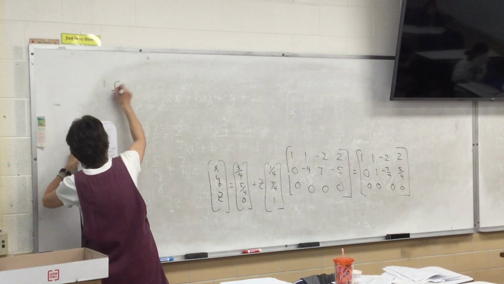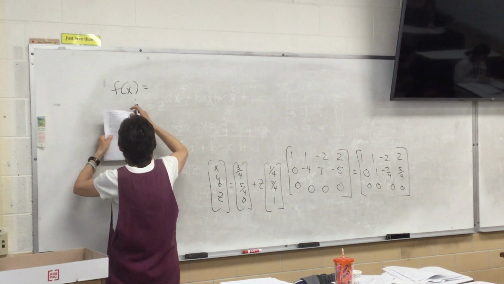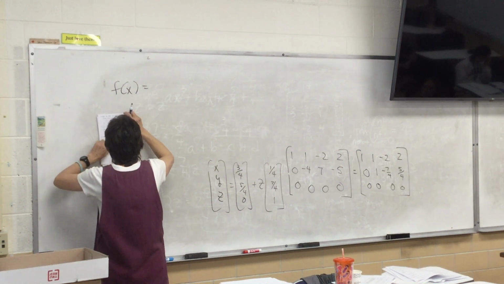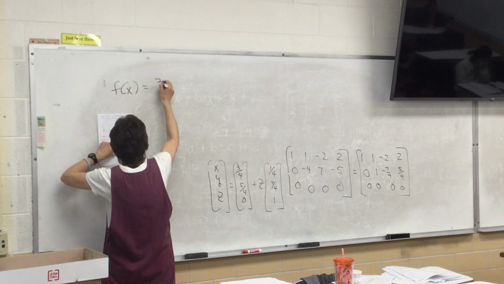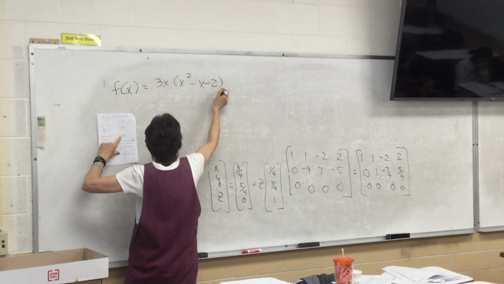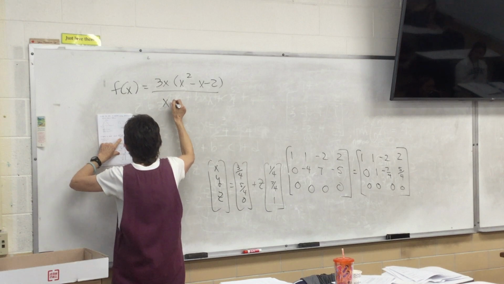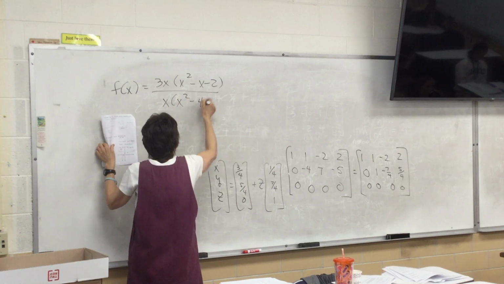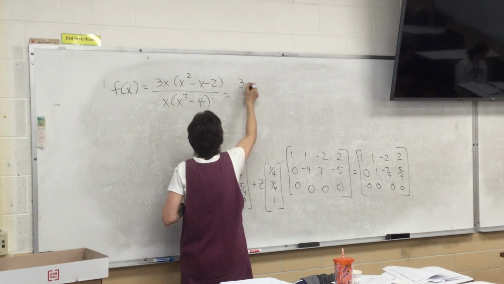This is, we did this before too, so let's get it factored. I can pull out a 3x, it looks like, so I have x squared minus x minus 2 over x squared minus 4, and that factors some more.